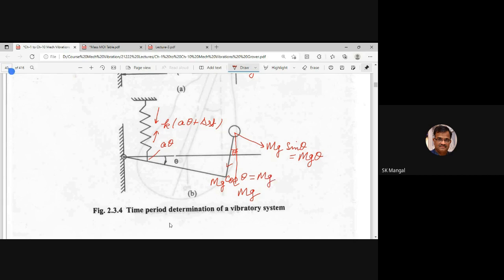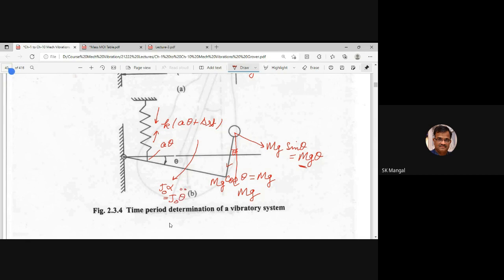So now you will have a moment of these two forces about O, and you will have an accelerating torque or moment given by J naught, the mass moment of inertia of the whole system, into alpha, nothing but J naught theta double dot.